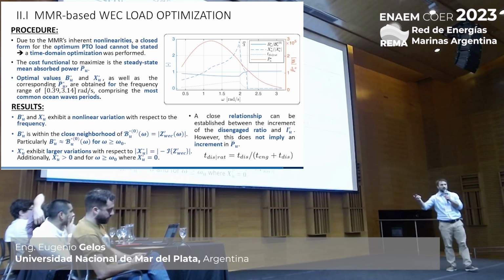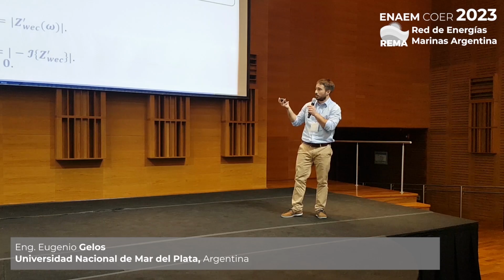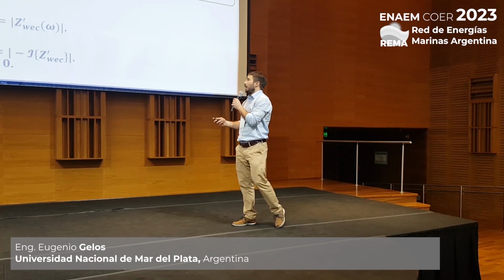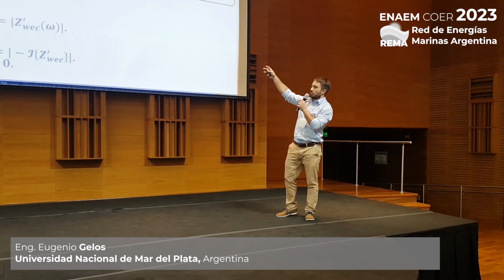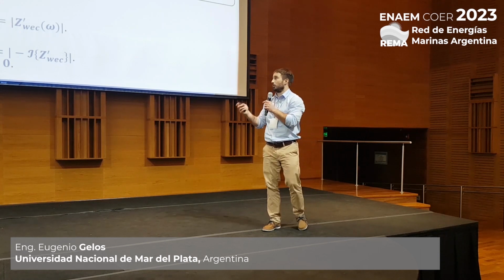In particular, it is always greater than 0, because devising a capacitor at the control load results in zero absorbed power, and for those frequencies equal to or above the WEC's resonance, the optimal reactance is 0.